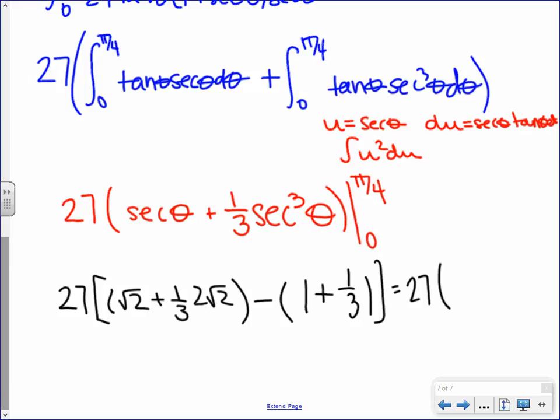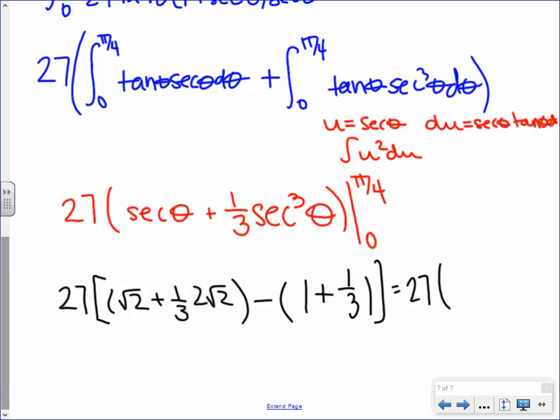If you rationalize it, you would have to rationalize 2 over radical 2. You get radical 2. Easier way to write it.